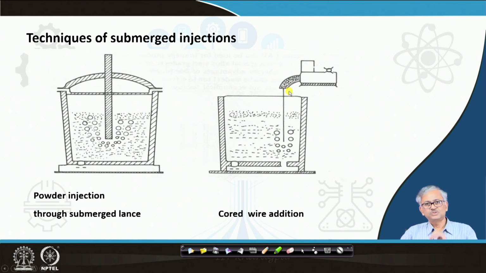You can feed this wire by a mechanical device into the melt, and after going inside the liquid, the wire will melt and release the powder. Okay. So, that is called the cored wire injection. This is by cored wire injection and this is the submerged powder injection using carrier gas. These two techniques are available, and we will first discuss the one where the powder is injected using a submerged lance.